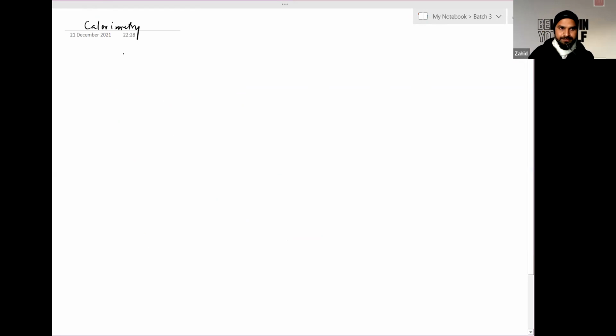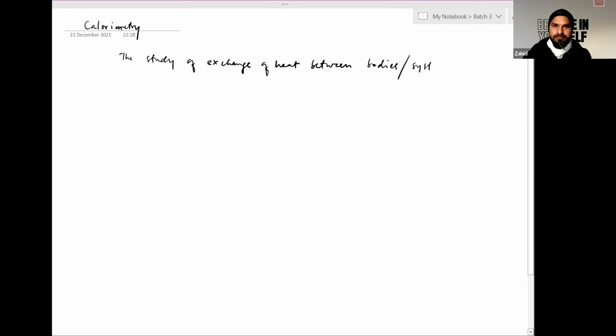So calorimetry is the study of exchange of heat between bodies or systems which results in change of state or temperature.